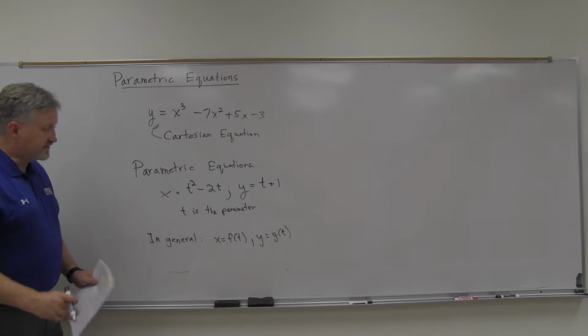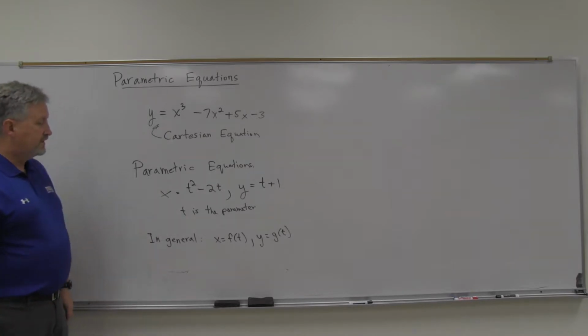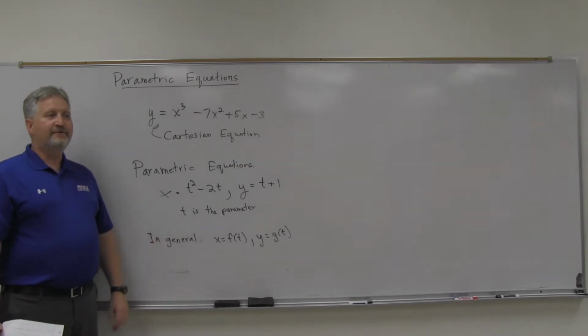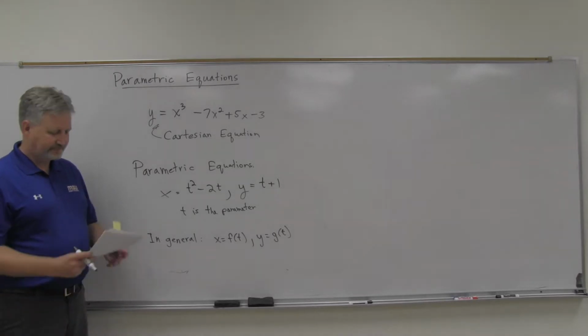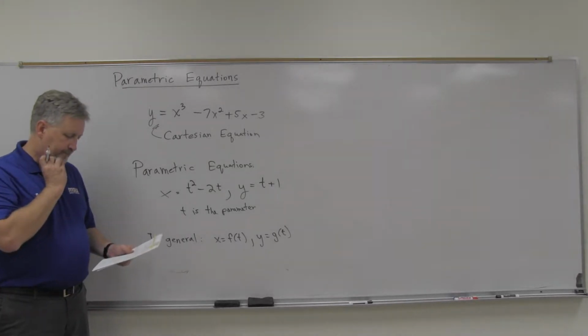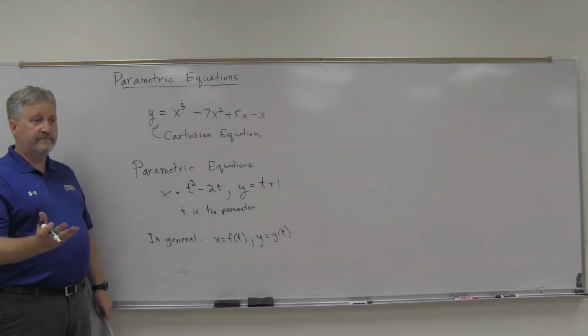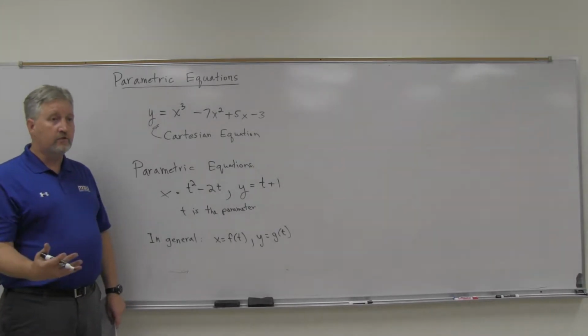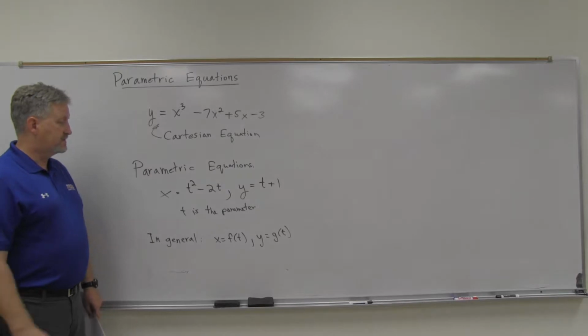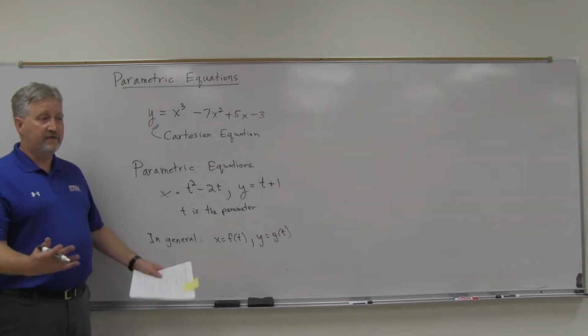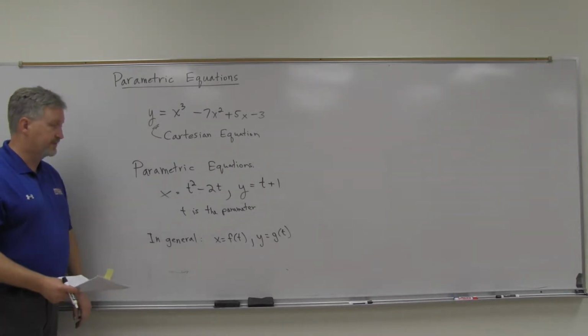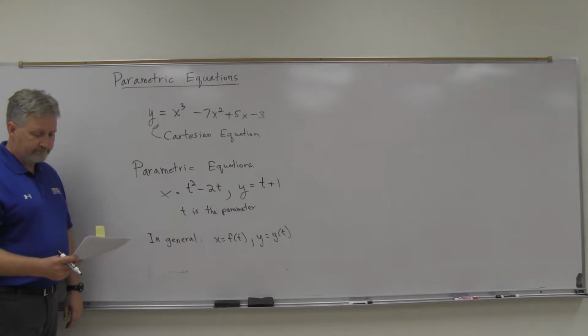Of course, they don't have to be the same function of t. So you have two instead of one. t can be thought of as a time. It can be thought of as an angle. Sometimes instead of t we'll use an angle like theta, but it can be angles or distances, something like that.